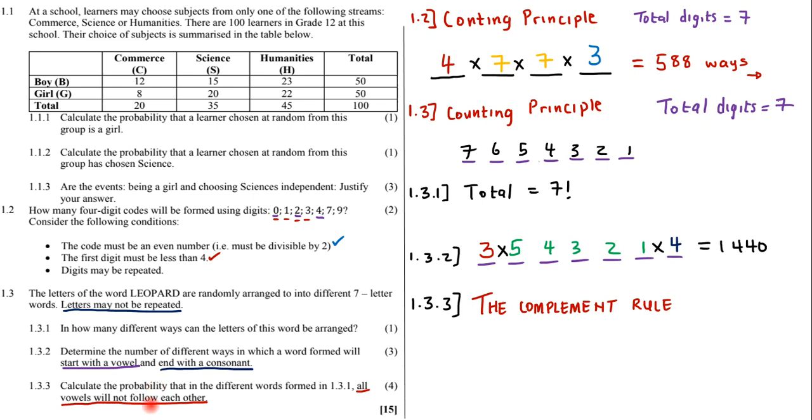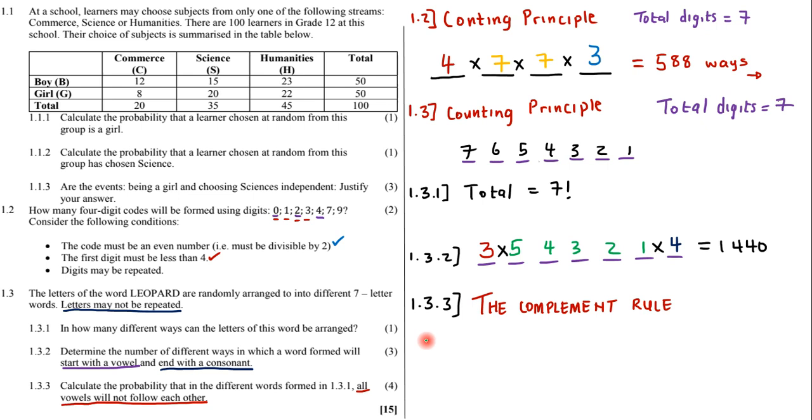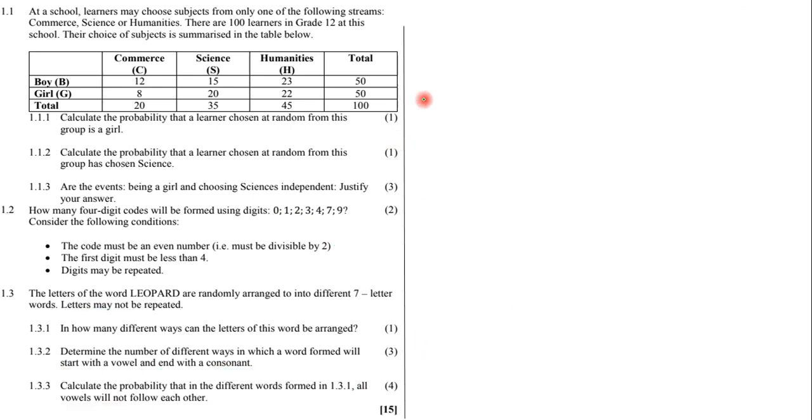So now the question again is asking what? It's saying basically all vowels will not follow each other. Then the complement of that, in order for us to get this, is to ask ourselves, what is the probability that they will follow each other, right? So I hope that you understand that. So in order for us to do that, let me write approach here.